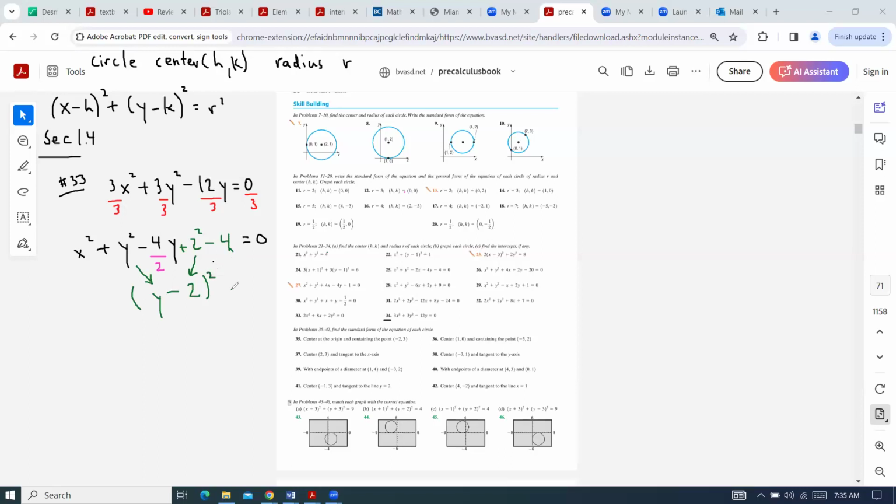So the goal is to produce a perfect square, to write something in parentheses squared, and the reason why is visible when you start to multiply this twice with itself, because it's a power of 2. You can see that when you square, you multiply the first terms, y by y, you get y squared, and then you multiply negative 2 with a negative 2, and that's how you get a plus 2 squared.